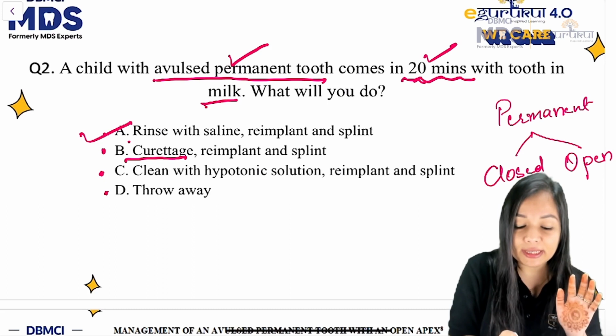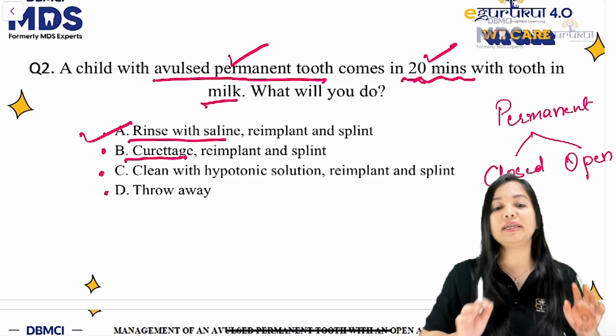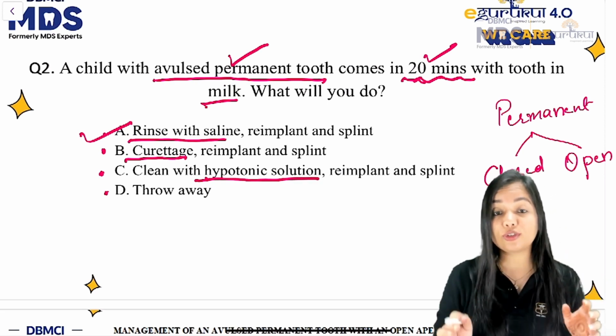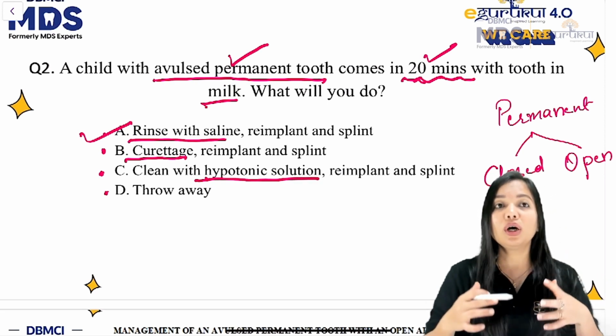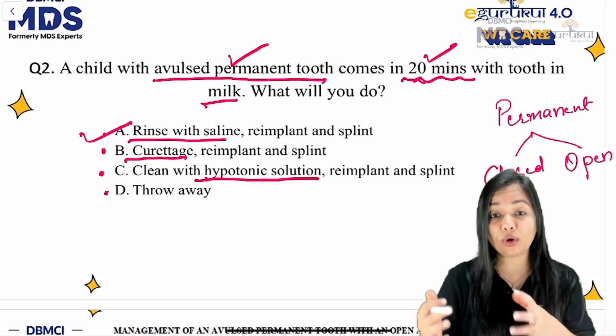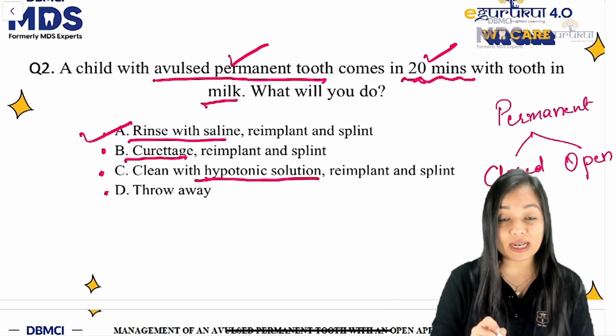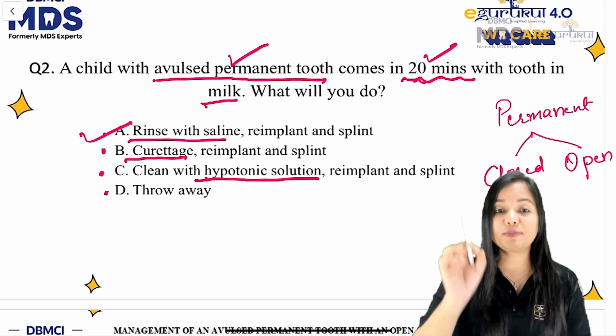So you just rinse it with saline, replant it, and splint it. You do not have to clean it with a hypertonic solution again, because that is going to trouble or destroy the PDL fibers. So the best option here is you just rinse it with saline, replant, and splint it back.